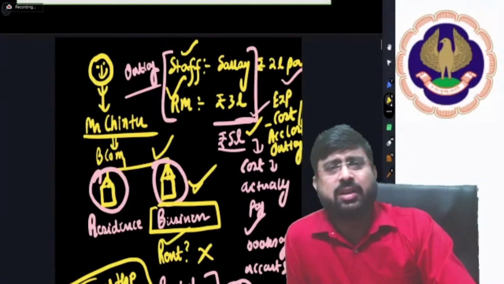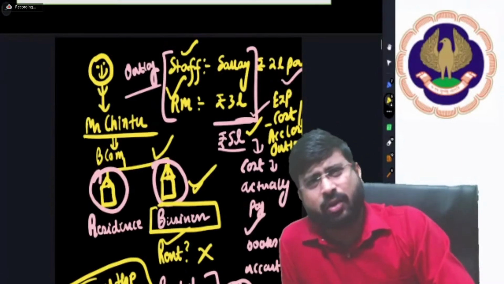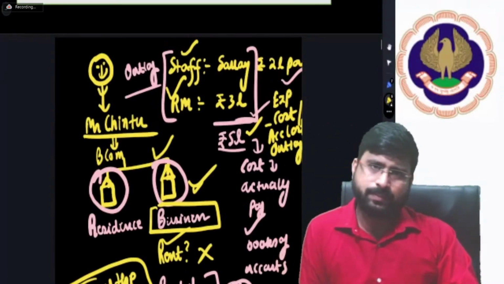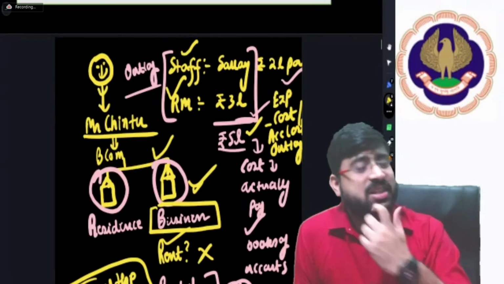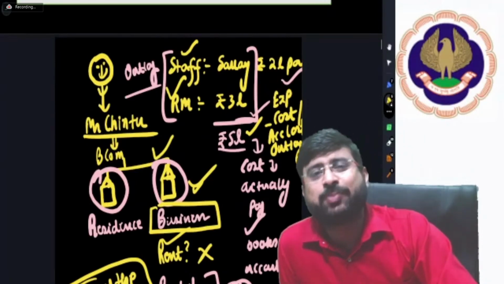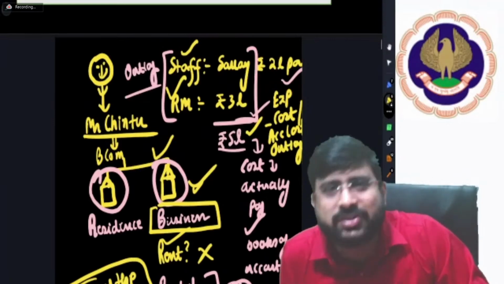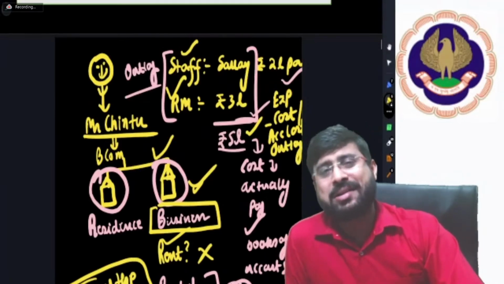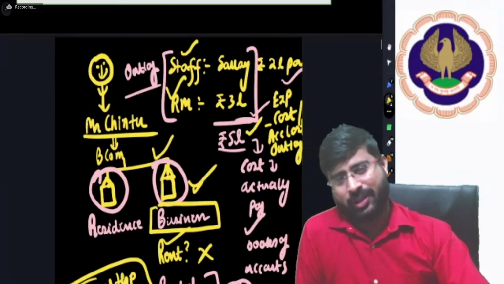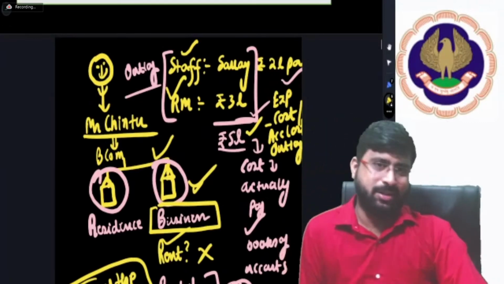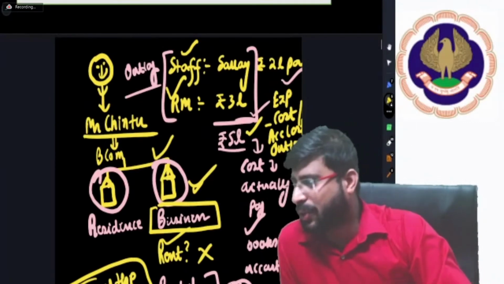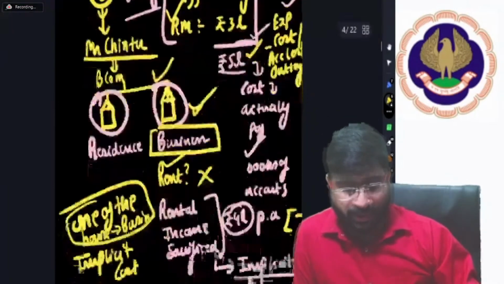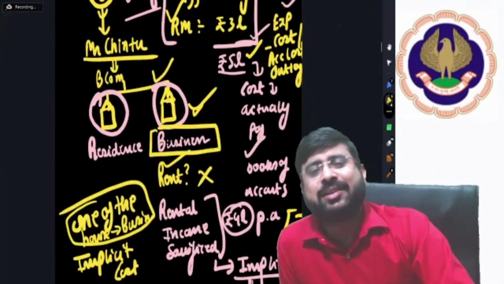The staff salary, the raw material cost, etc., whatever is being given, when this is taking place, it is called explicit cost. But remember, if money could have come in, but money is not coming in, that is implicit cost. Like in the case of rental income.